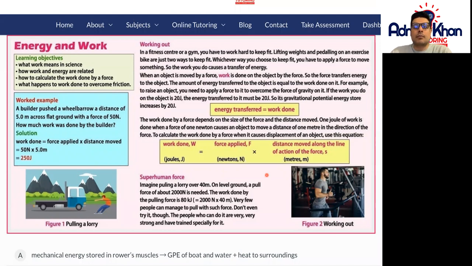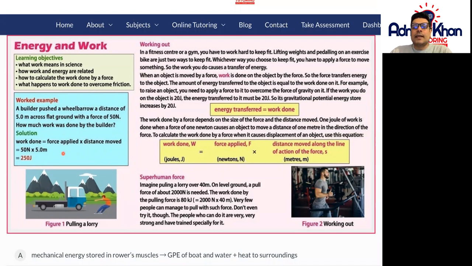So let's look at this example on the left-hand side. A builder pushed a wheelbarrow a distance of 5 meters across flat ground with a force of 15 newtons. How much work was done by the builder? Using this example on the right-hand side, we can see that 15 newtons of force, and force is always measured in newtons, were applied over a distance of 5 meters.